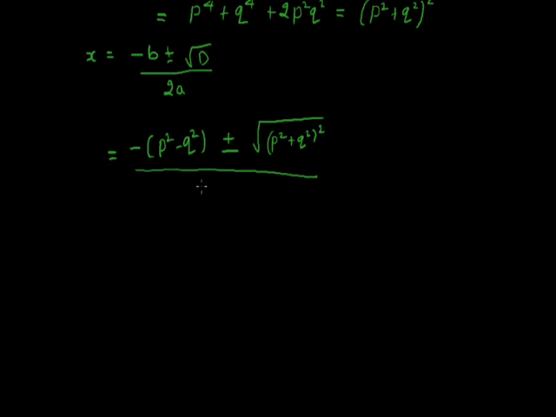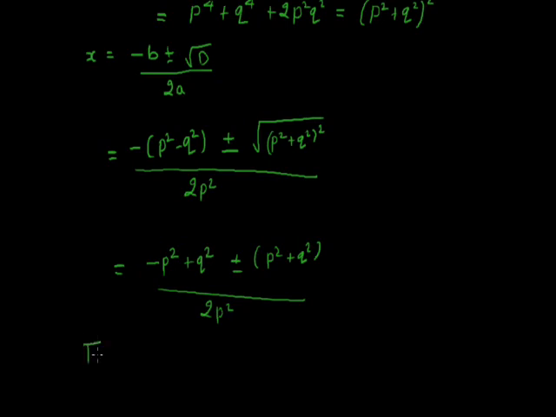Now here a is p square, so twice p square. So this will become minus p square plus q square plus minus p square plus q square upon twice p square.